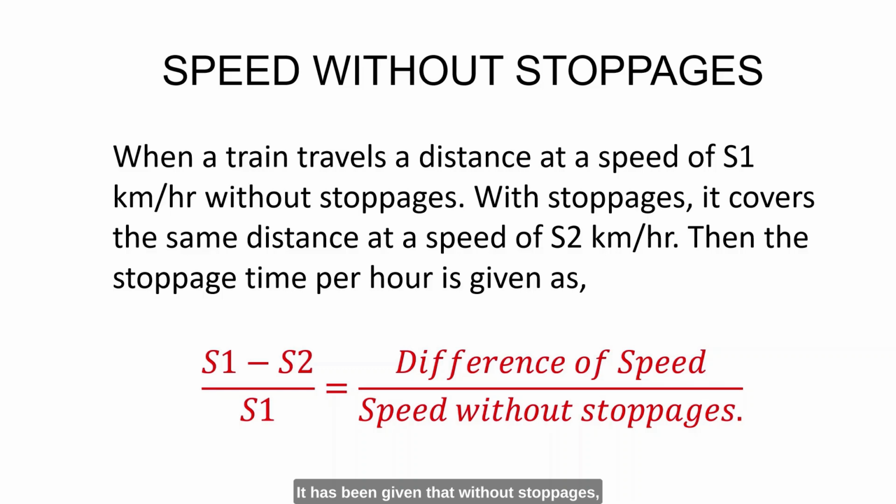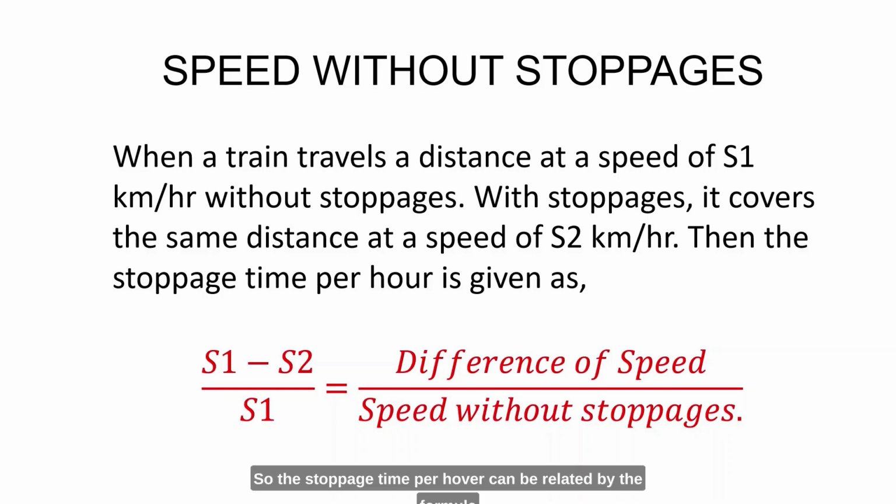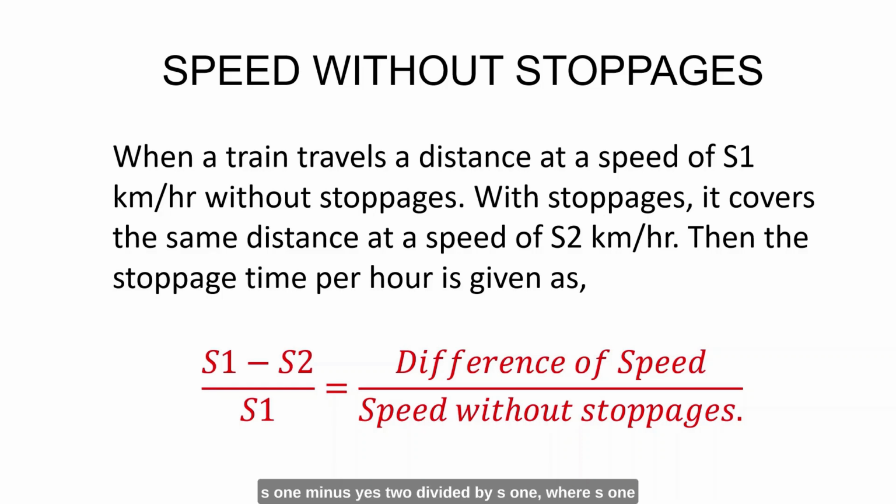It has been given that without stoppages, the train travels with speed of S1 and it covers a certain distance. The same distance is covered by the train at a speed of S2, including its stoppages. Now we need to know the stoppage time per hour. So, the stoppage time per hour can be related by the formula S1 minus S2 divided by S1, where S1 is the speed of the train without stoppages and S2 is the speed of the train with stoppages.